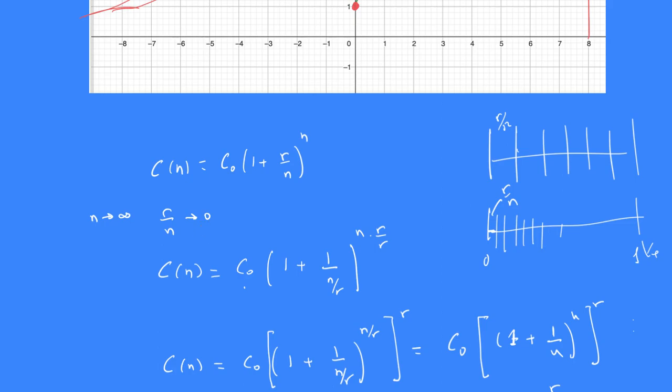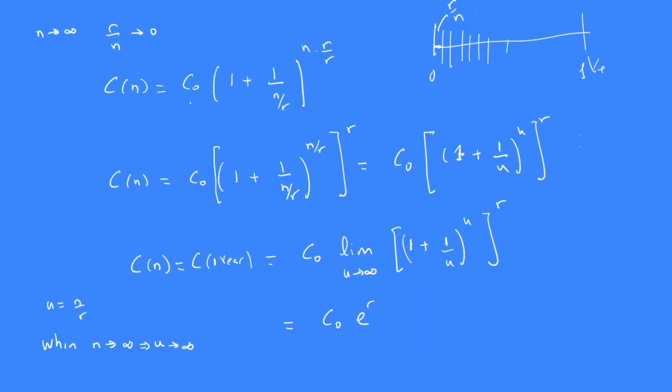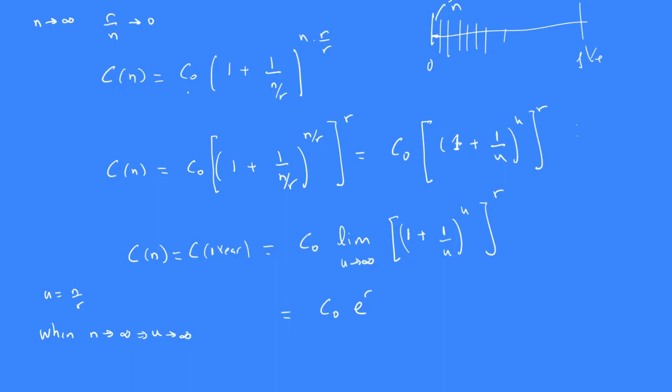So what is 1 plus 1 divided by u when u tends to infinity? u is n divided by r, so u tends to infinity. So this is the same limit as the number e. So C after 1 year is C0 multiplied by the limit, e to the r.